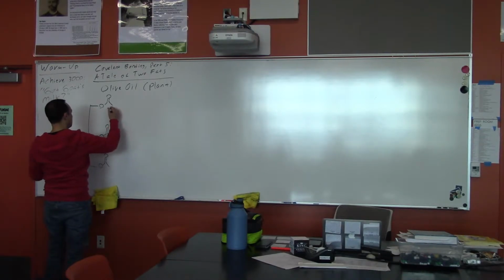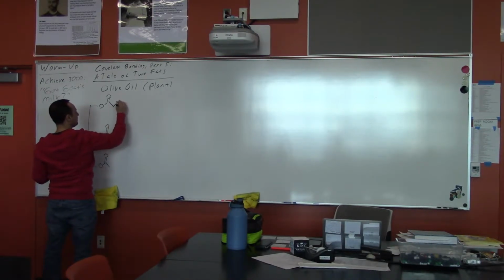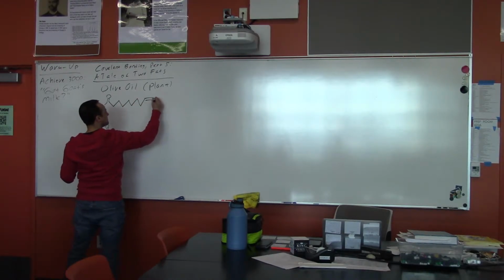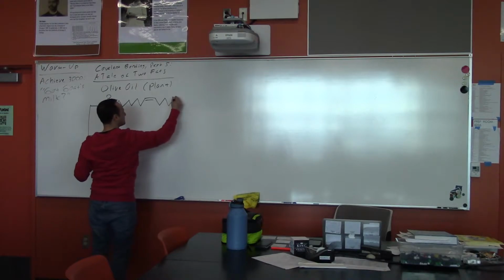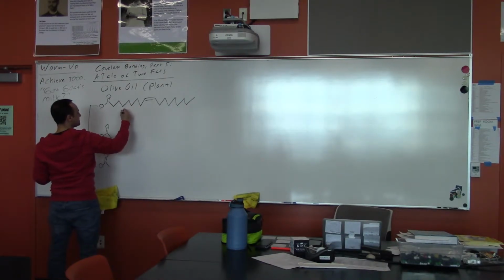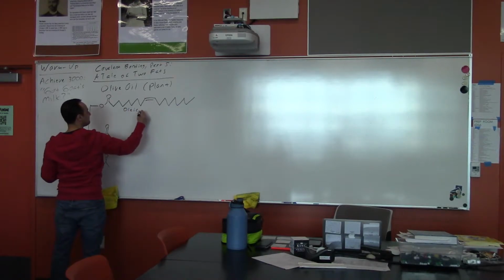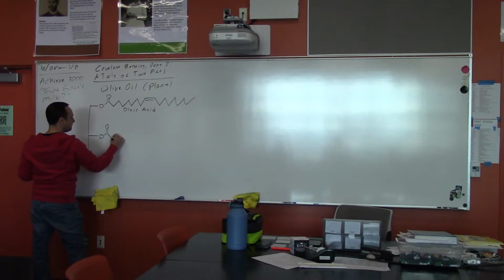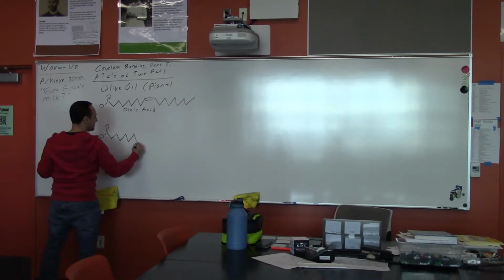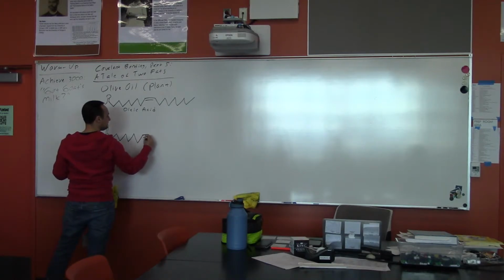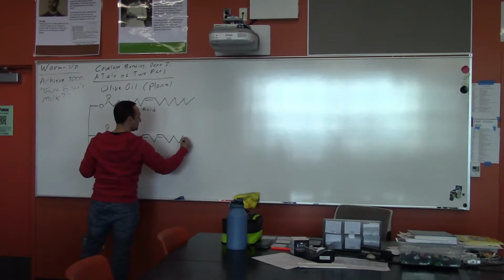Okay, and then you go 2, 4, 6, 8, 10, 12, 14, 16, 18 carbons, and this little chain is oleic acid. And then here we've got 2, 4, 6, 8, 10, 12, 14, 16, 18.